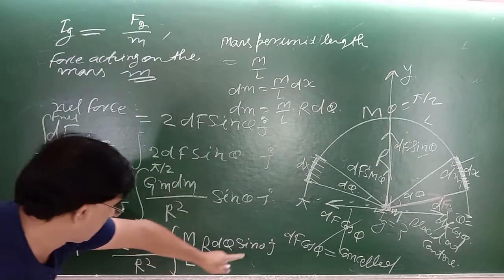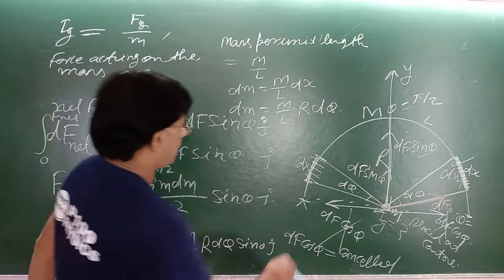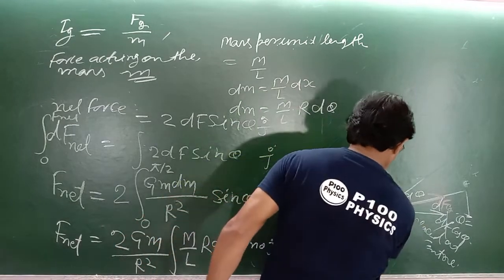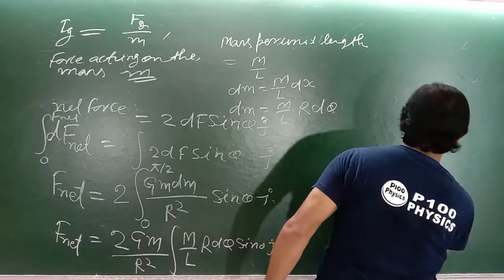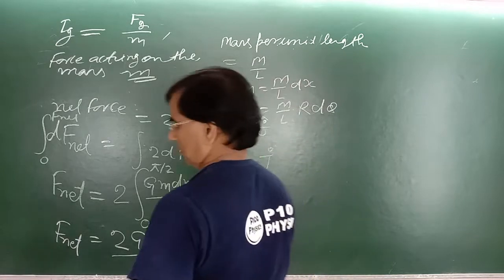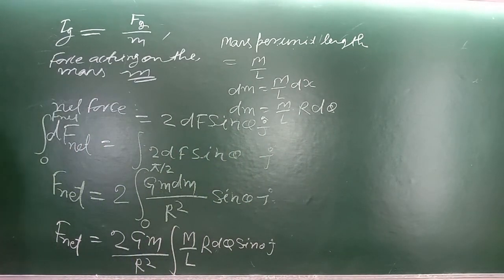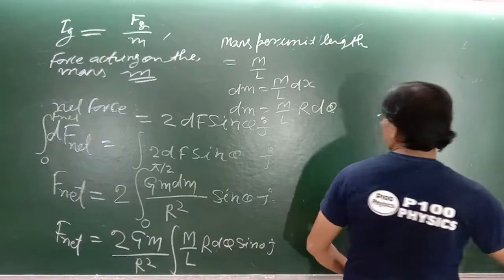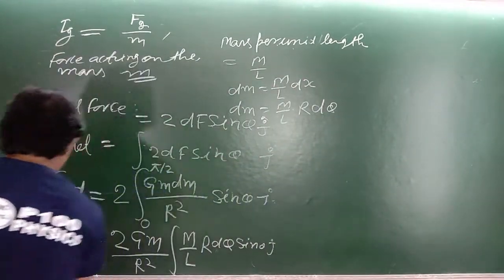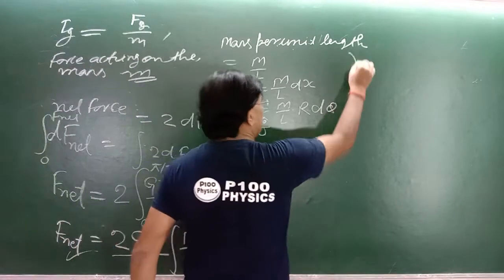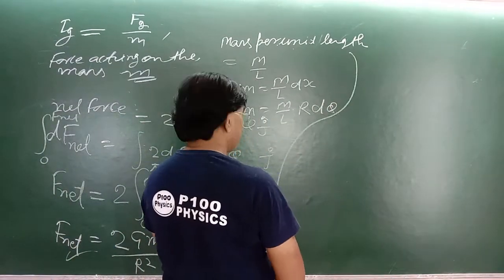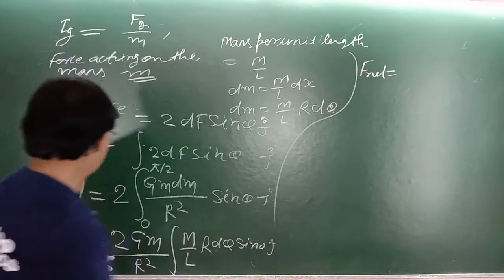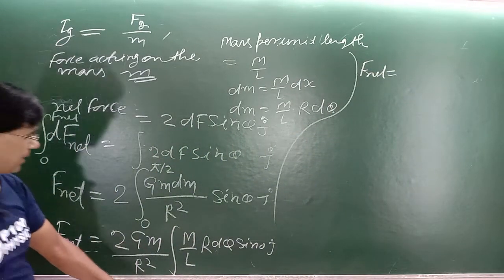Solve all these points. F net equal to how much? F net equal to 2GmM by r square.